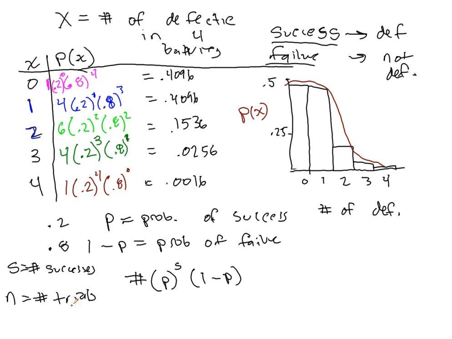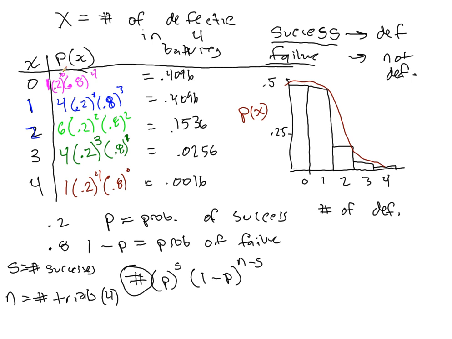More generally, I'll refer to that as the total number of trials. So we have 4 trials, and in those 4 trials we could have any number of successes between 0 and 4. So that means that this is really just 4 minus that, because these are always adding up to 4. So generically we would say n minus s.